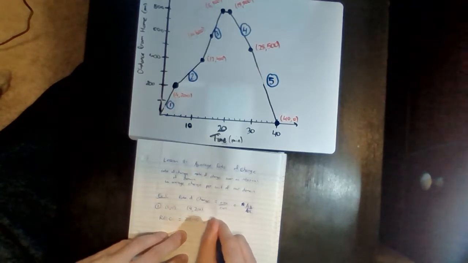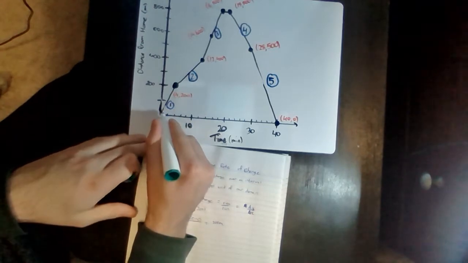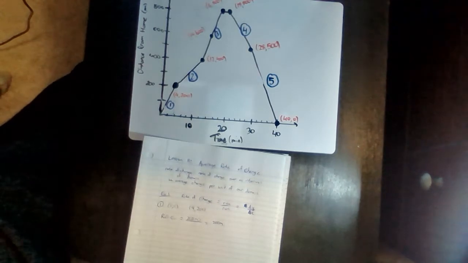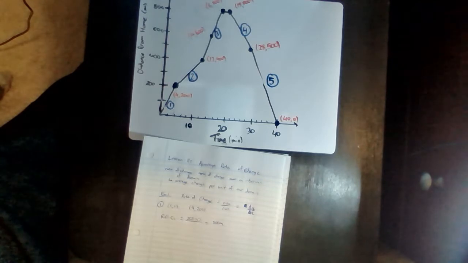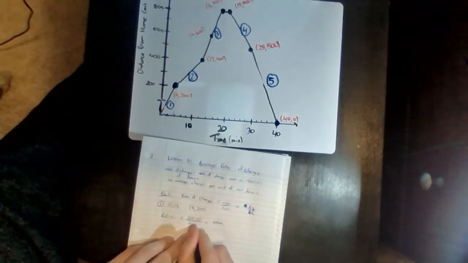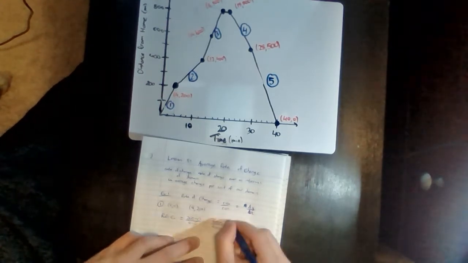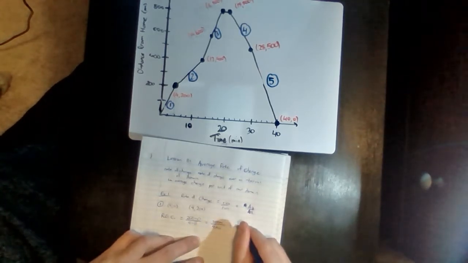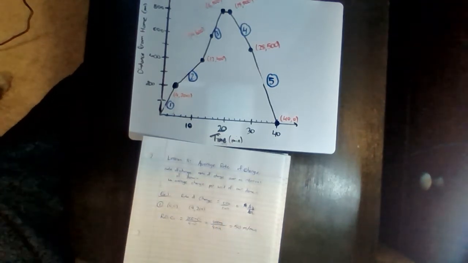And then our run, how much we're moving left and right, we're going over 4 minutes, from 0 to 4. So 200 divided by 4 is 50. And our units are meters divided by minutes. So he's going 50 meters per minute.